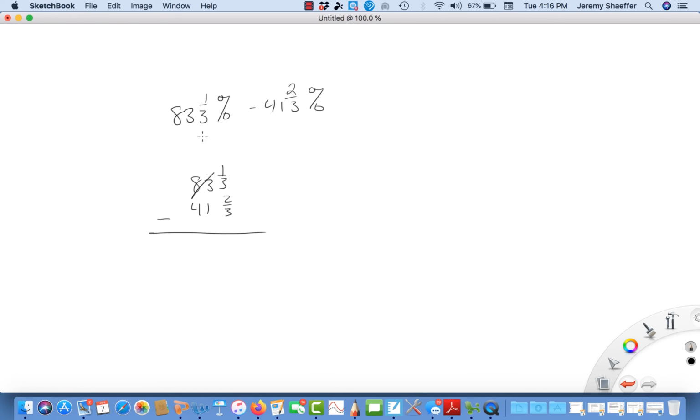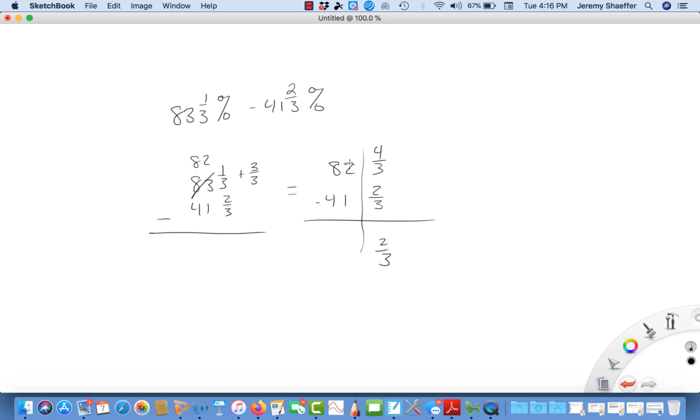So this is going to have to turn to 82, and then we add 3/3, which now equals 82 and 4/3 minus 41 and 2/3. And we can do 4 minus 2 is 2/3.